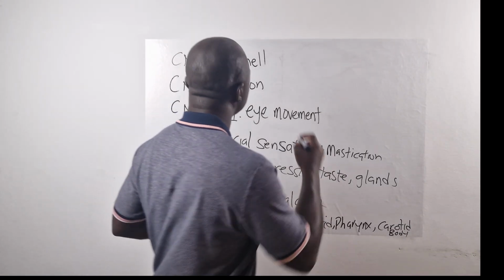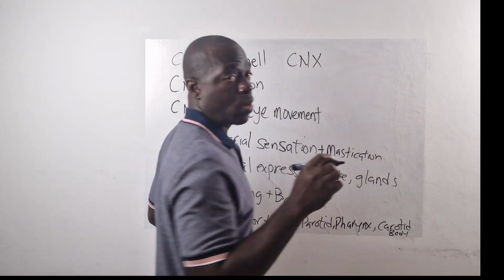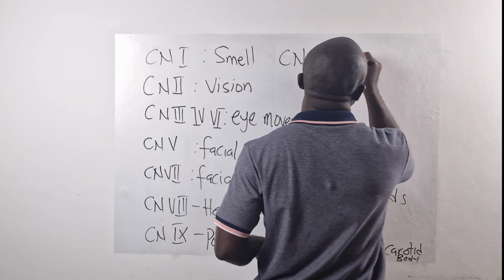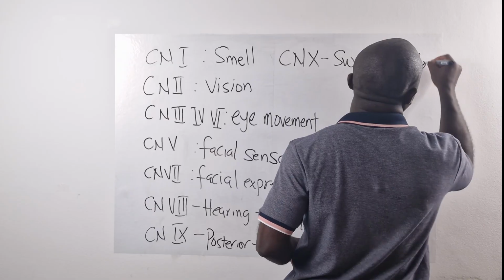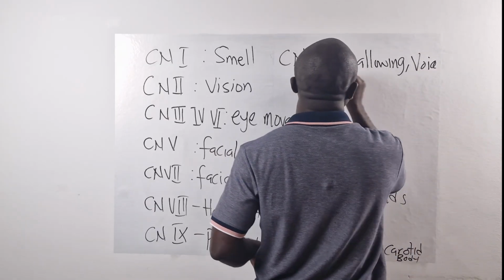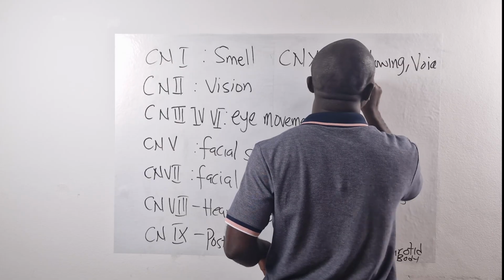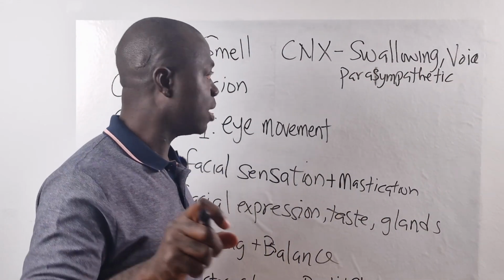So next, what we have, the cranial nerve 10, okay, the wandering nerve, remember, and its function, swallowing, voice, and then parasympathetic to thoracic organs and abdominal organs.